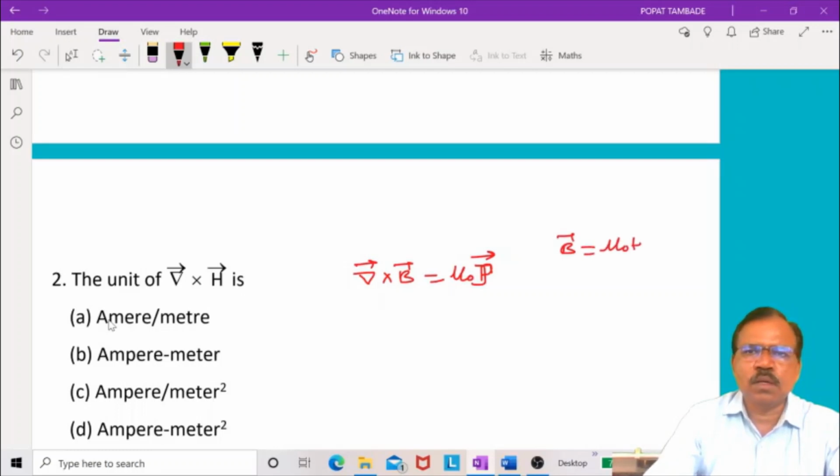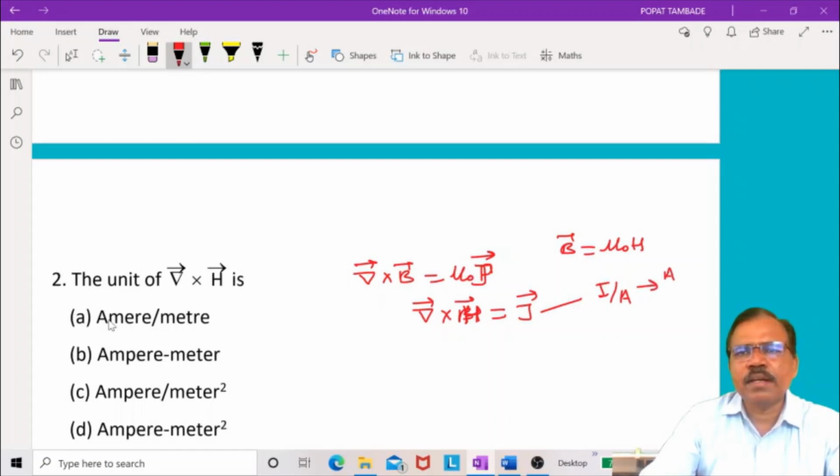Mu 0 H. So we get here del cross B, del cross H is equal to J. That is current density. Current density means it is current per unit area. So the unit is what? Ampere per meter square. So here ampere per meter square. So this third one is correct.